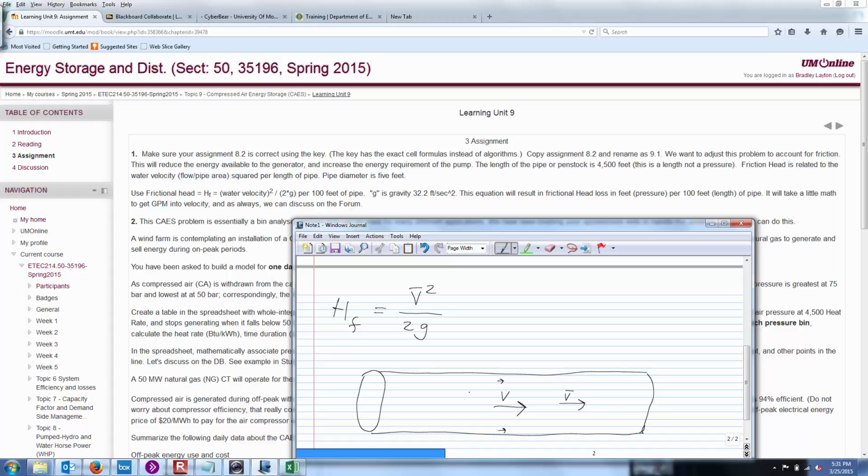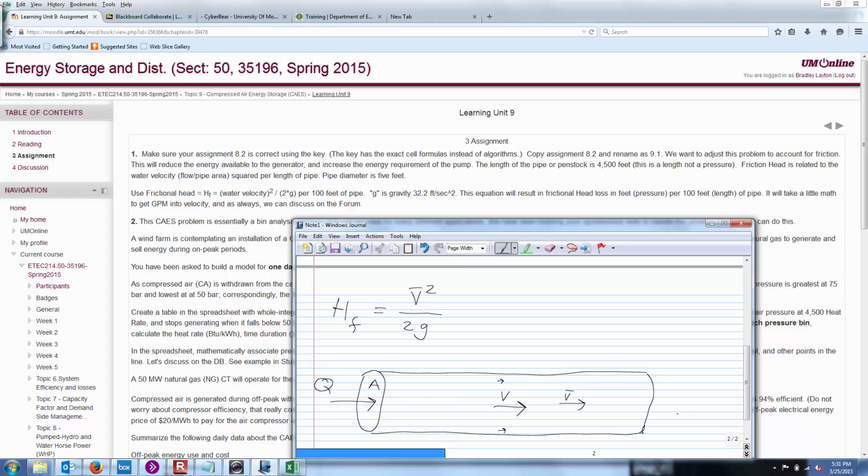So you also have a flow rate, and for now we'll just call it Q. Sometimes Q is also used for heat, but it's also used for volumetric flow rate. And then you've got an area.